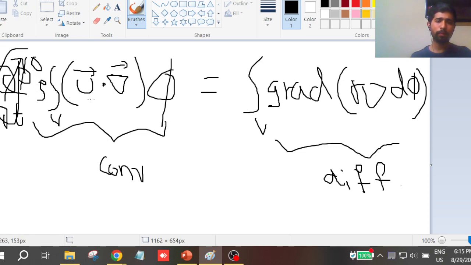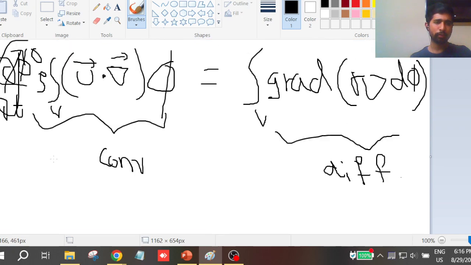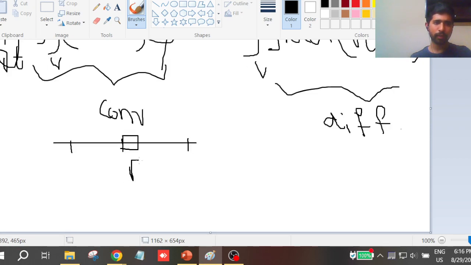When you apply the Gauss divergence theorem, you can convert this volume integral into the surface area integral. Then we integrate on a 1D control volume, which we have discussed, with P as the centroid of the control volume, and west and east faces. Let me remind you that we are trying to solve this with the finite volume framework.